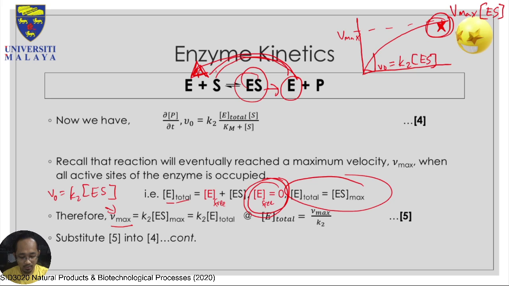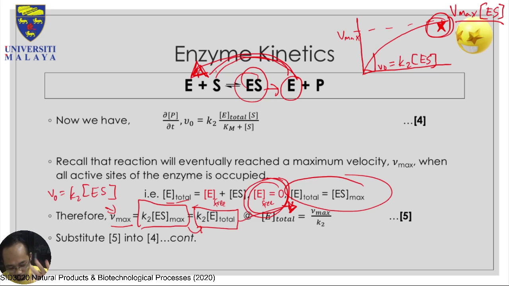Therefore Vmax is K2 times ES max, which we also represent as K2 times E total. Why? Because of the assumption we made, E total equals ES max. It should be the same, because the enzyme can only be either in ES or in E total, which also includes ES.